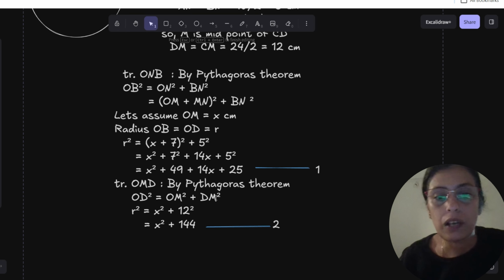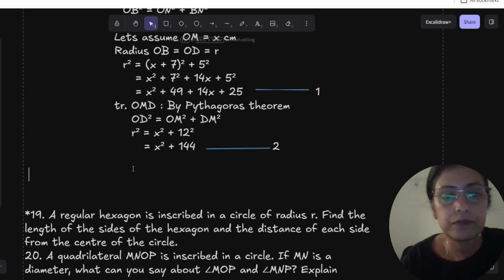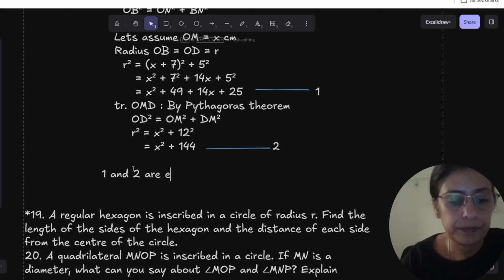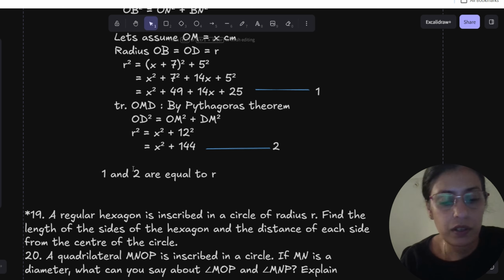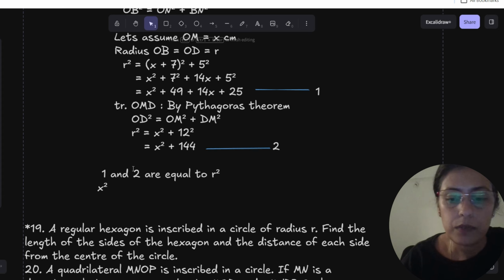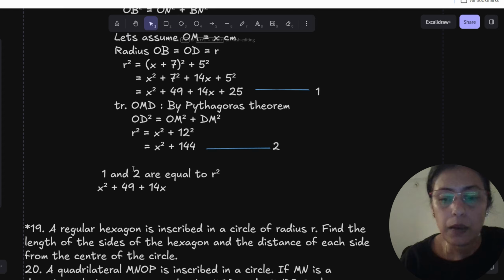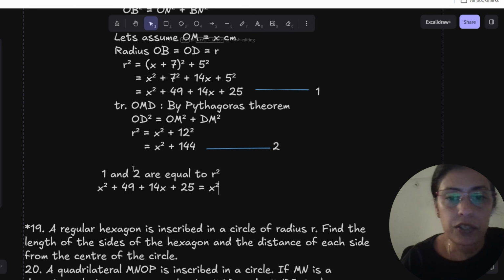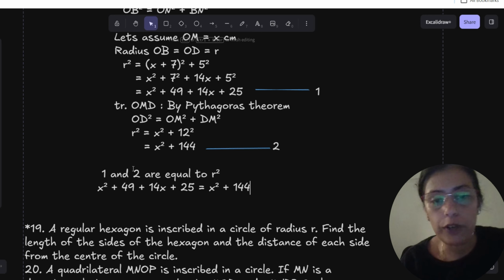Okay. Now we can see 1 and 2 are equal because both are equal to R square, right? So this means we can write X square plus 49 plus 14X plus 25 is equal to X square plus 144.